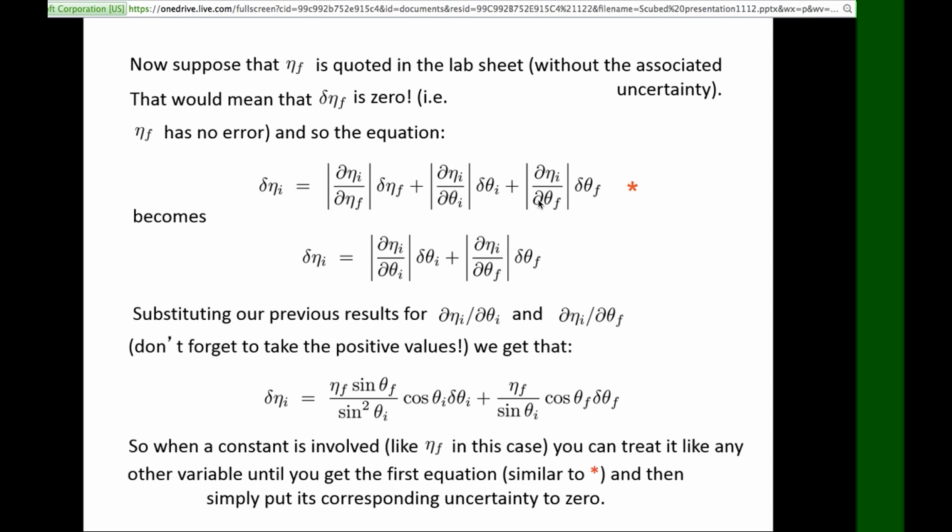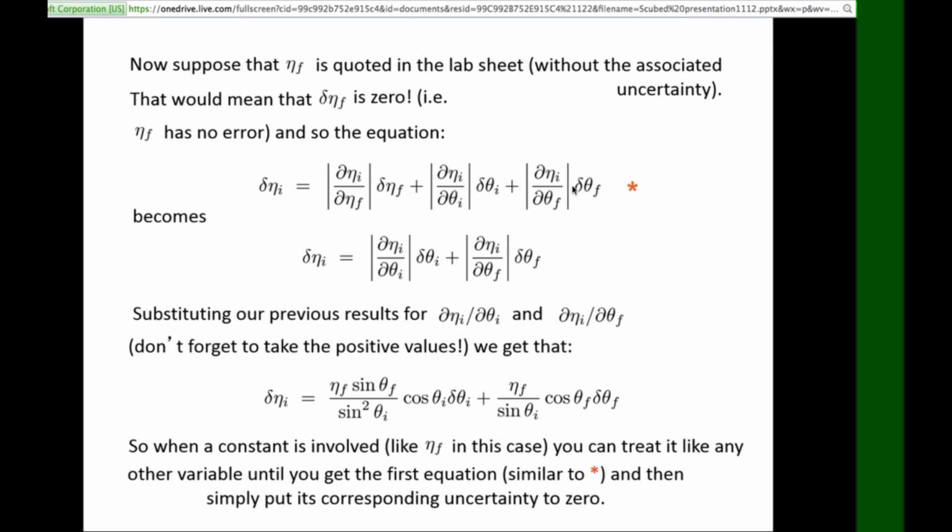You might ask, wouldn't it be easier to just not put in the term from the start? But as you will learn from experience, this procedure helps to avoid a lot of problems. So first, just treat the constant like a variable, include its error term in the formula, and then put delta theta f, in this case, to 0.